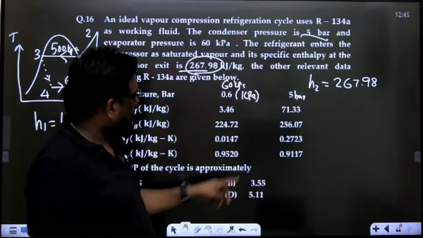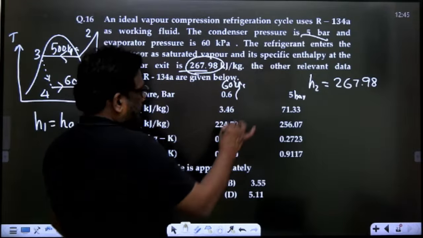So these pressures are given in bar. Listen carefully, this is bar.